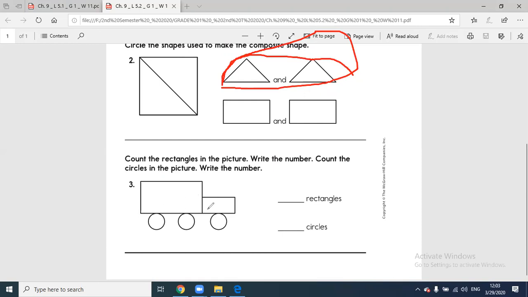This shape. No, how many rectangles? 2 rectangles only. How many circles? 2. Ahmed, sure, 2 circles. How many circles do we use? 3. Yes, 1, 2, 3. Yes, you are right.